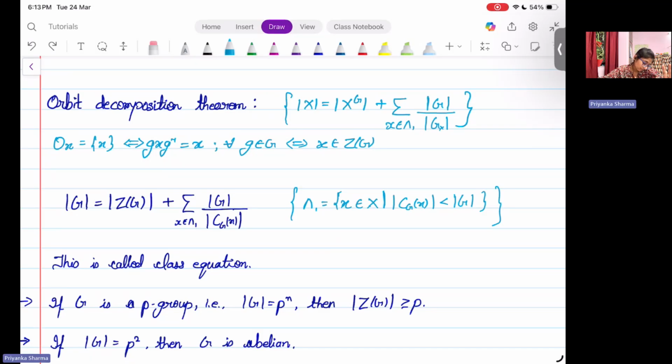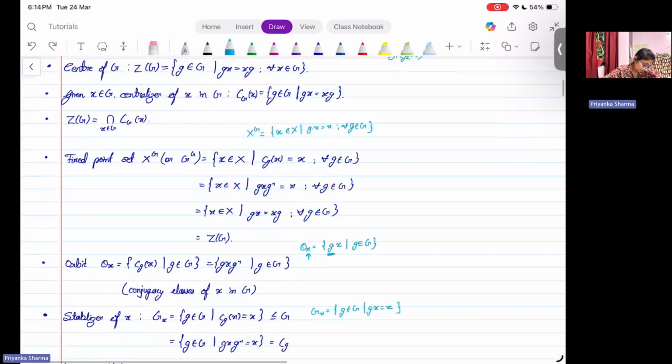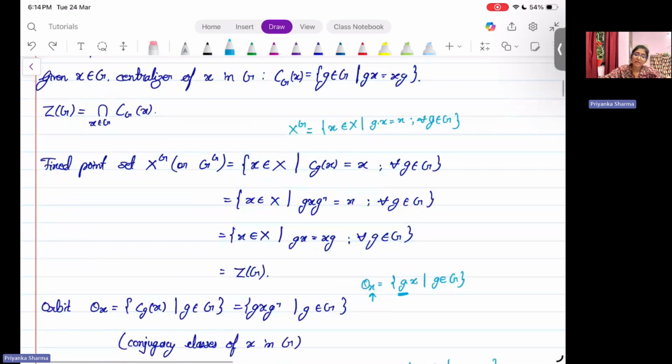So this will be reduced into this expression, that is, the cardinality of G, or the order of the group G, because this time X is G itself. The first term on the RHS will be the cardinality of X^G. Now, what is the cardinality of the fixed point set?